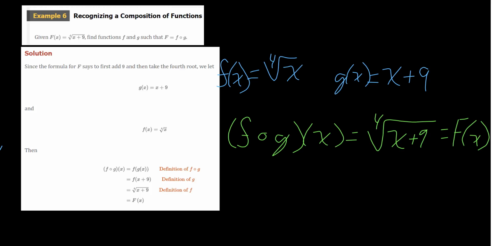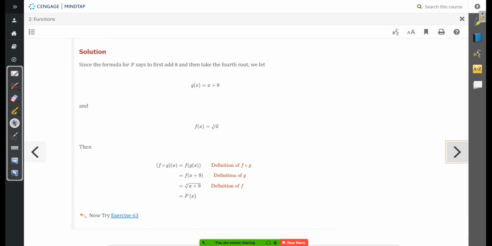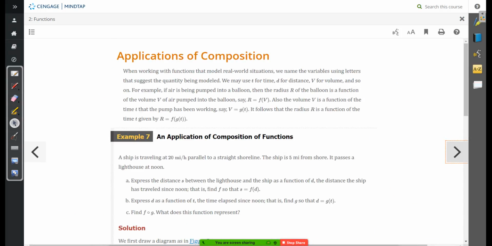Okay, I believe that does it for this section.